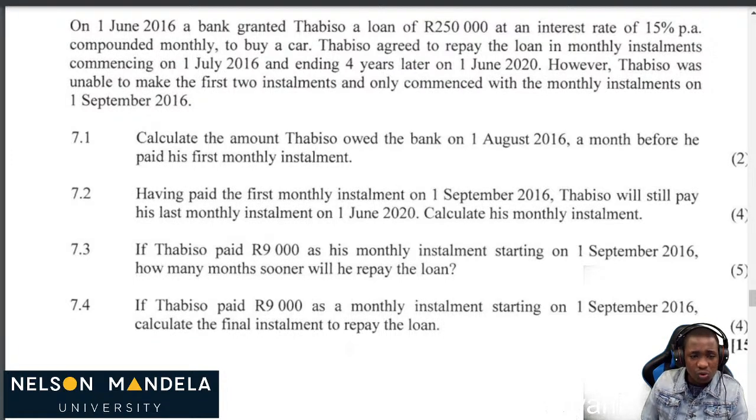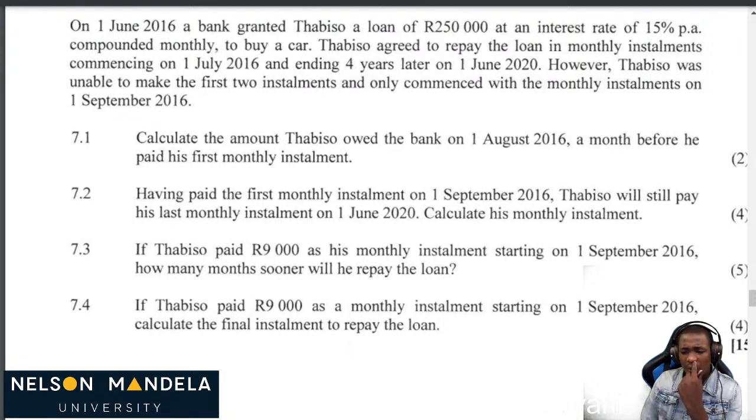On 1st June 2016, a bank granted Thabiso a loan at an interest rate of 15% per annum, compounded monthly. We have to take note that it is the bank which gave Thabiso a loan, and the interest rate was compounded monthly.